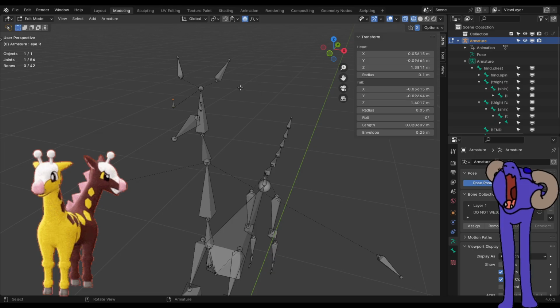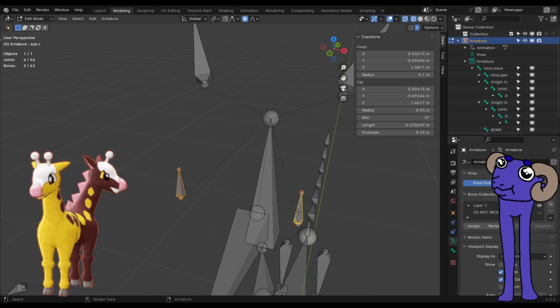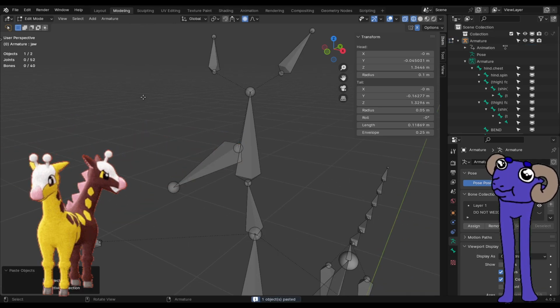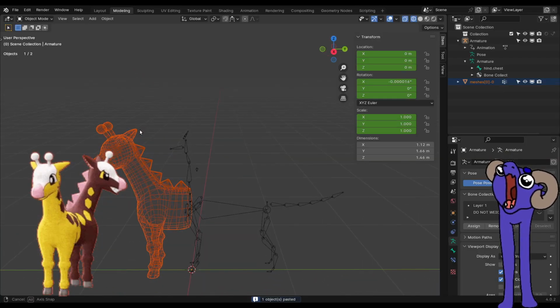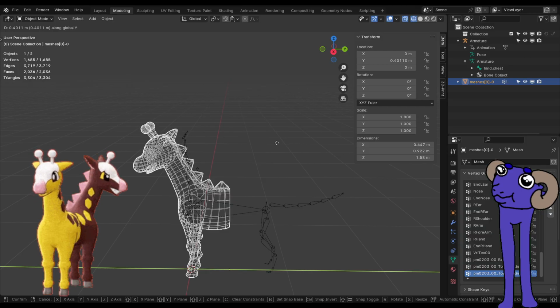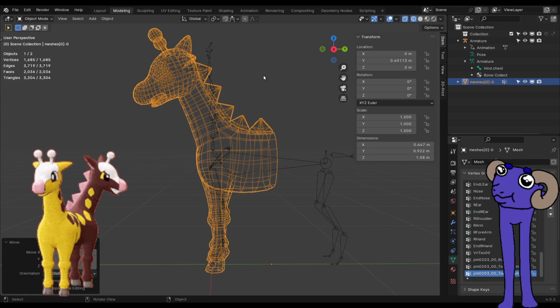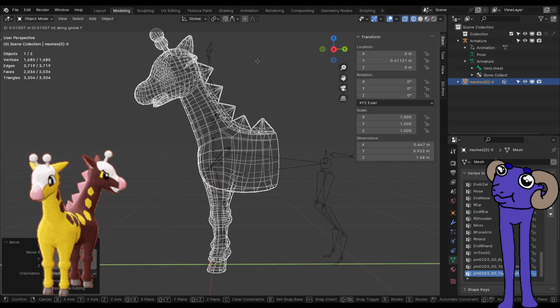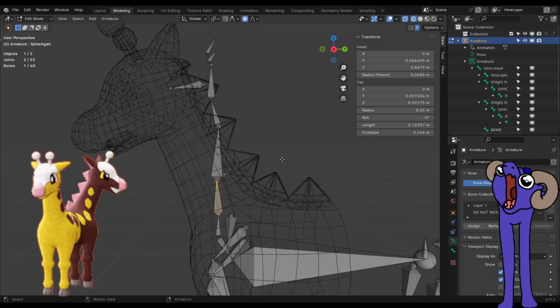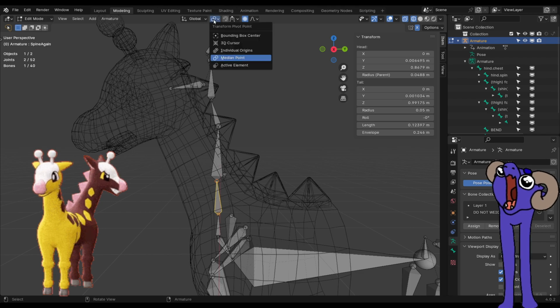What is this? Eyes. We don't need eye bones. We have Blender eyes. Do we have opposable jaw? We do have opposable jaw. If I'm understanding correctly... Oh, how do I make this move the entire thing?